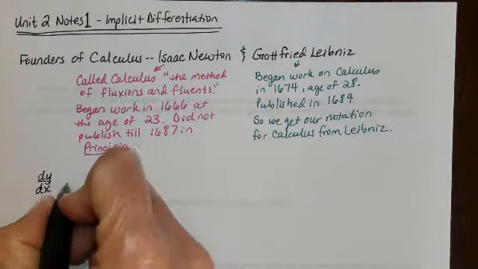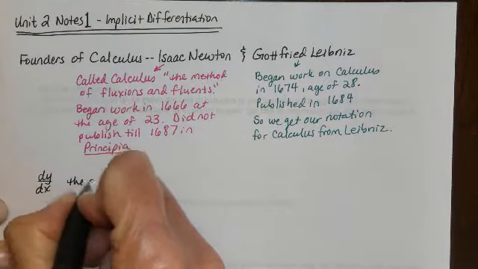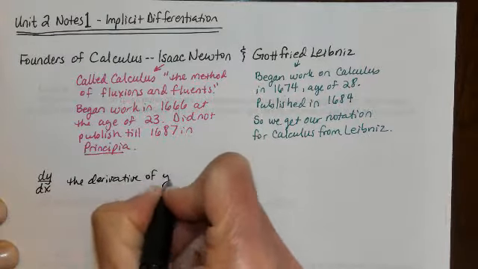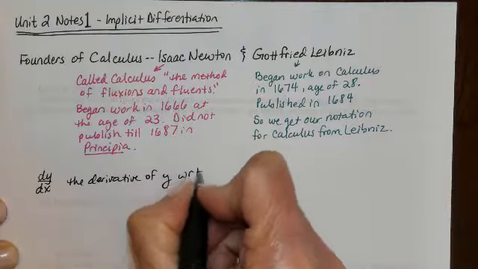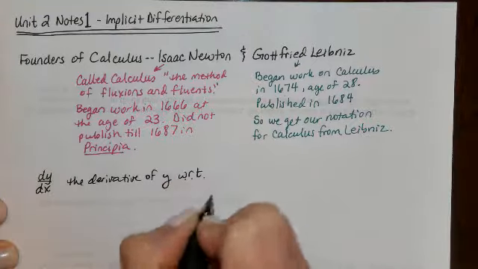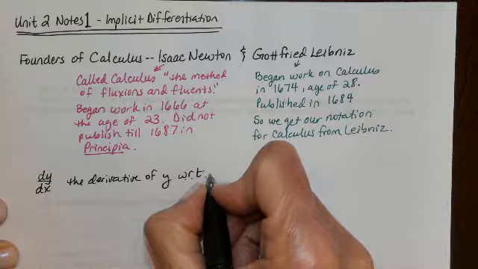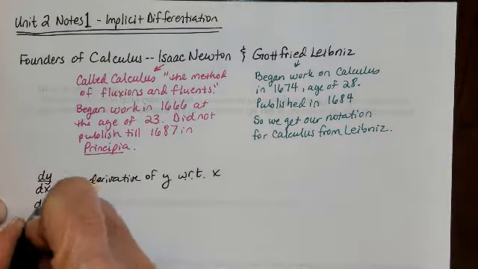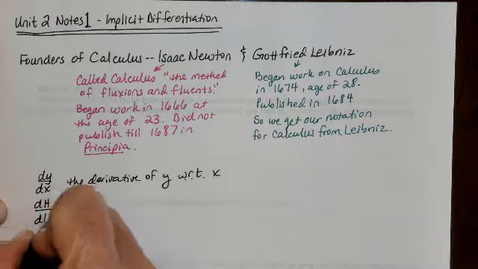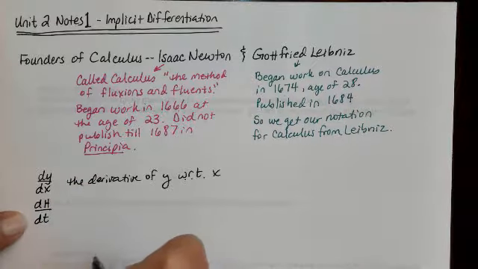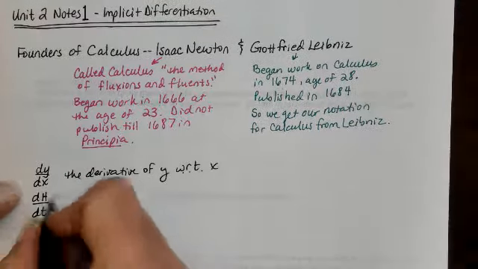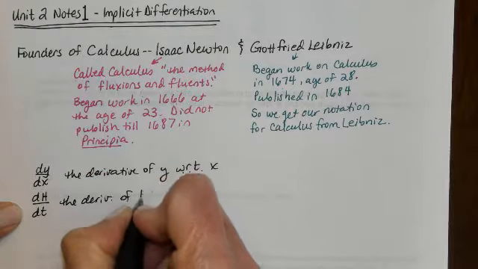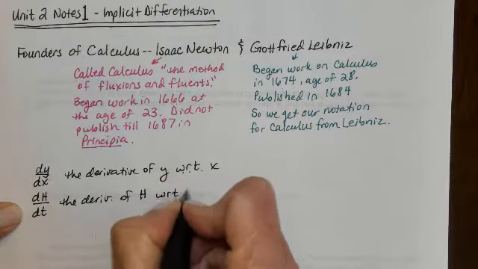But anyway, this is the derivative of y with respect to, I'm going to abbreviate with respect to WRT, that's with respect to x. So let's say dh dt, t is a common independent variable, dh dt would be the derivative of h with respect to t.